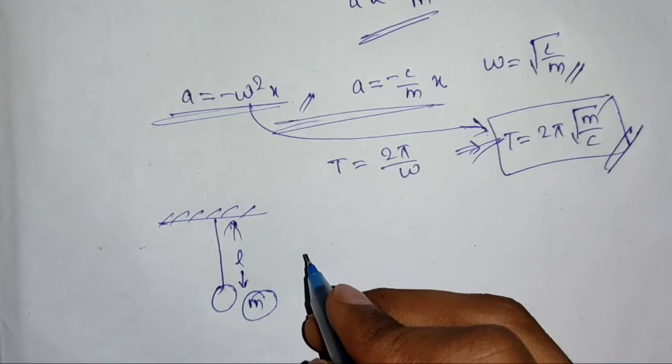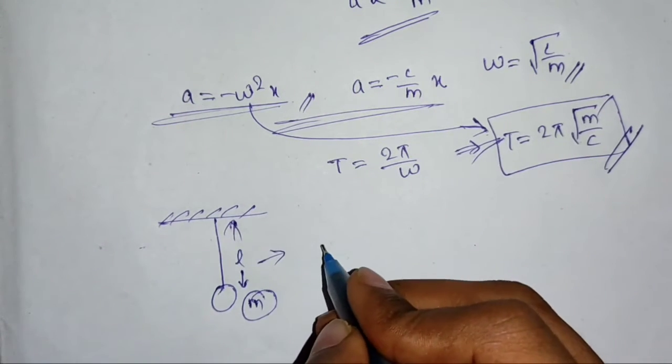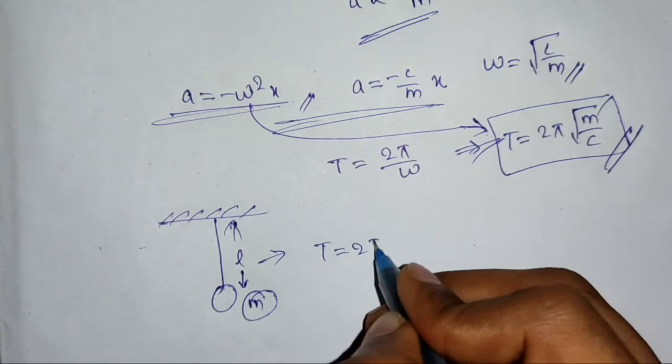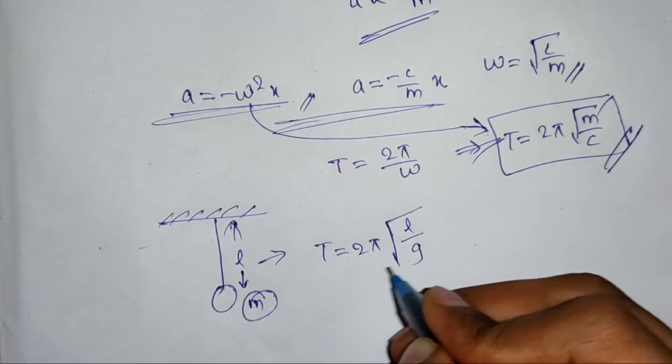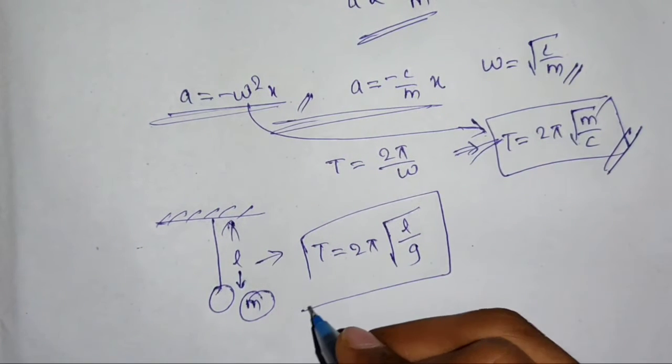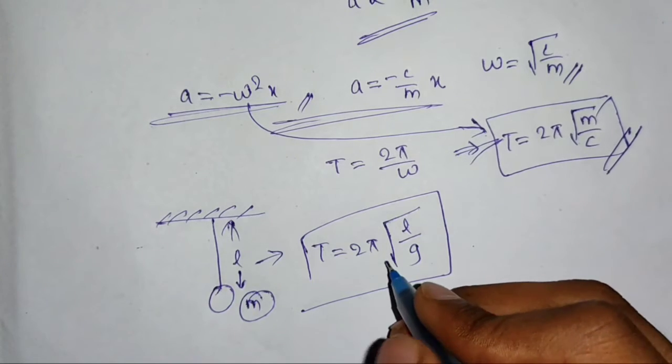I am not deriving all the equations because this is the revision series. Here we get time period T is equal to 2 pi under root L by g. Okay, under root L by g.